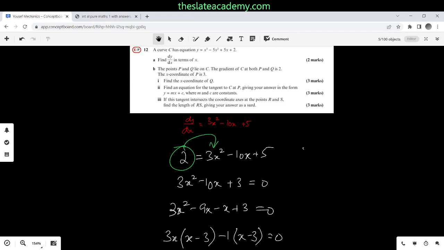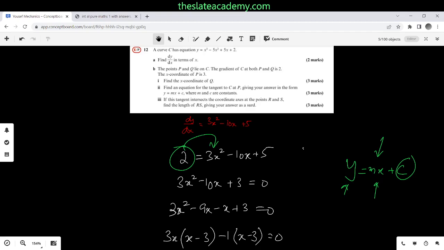For the tangent to C, if we need the equation y is equal to mx plus c, we need the gradient, and if I put in x and y at that point, I will get the value of c, right?